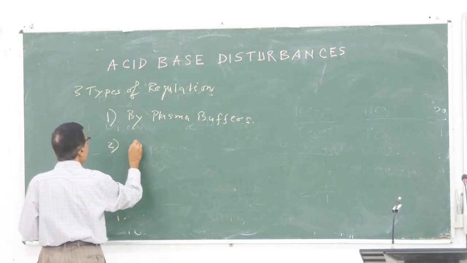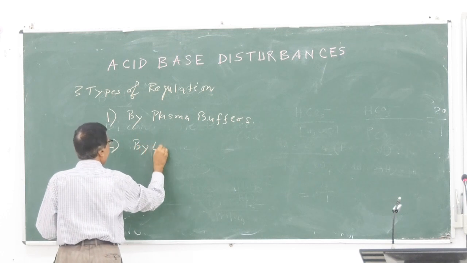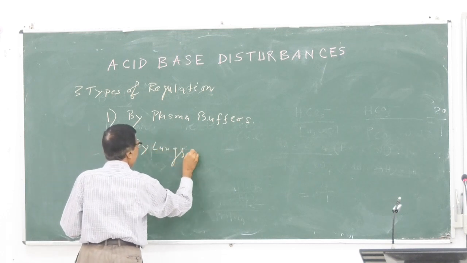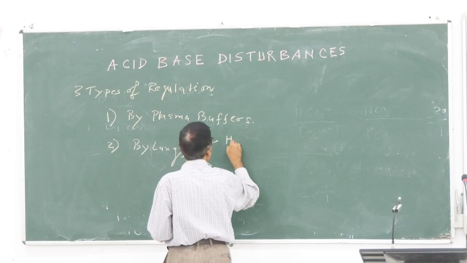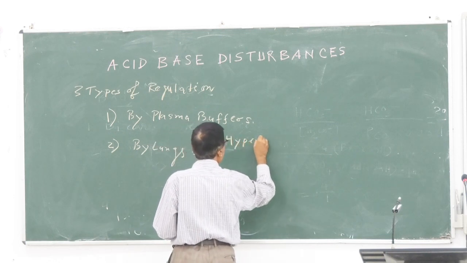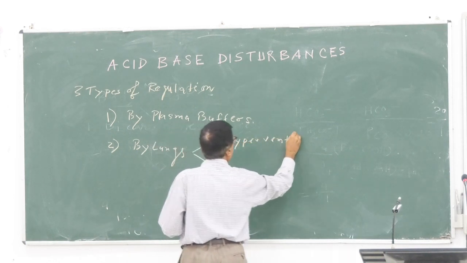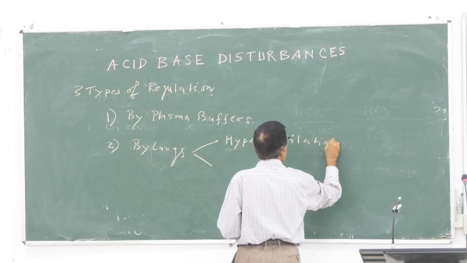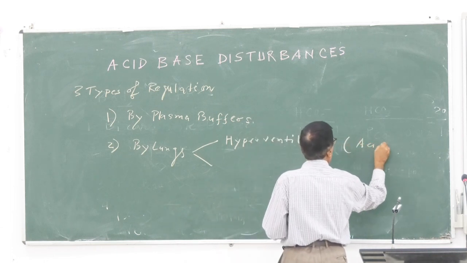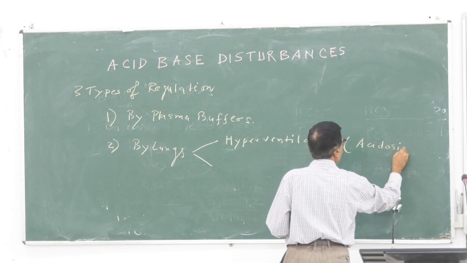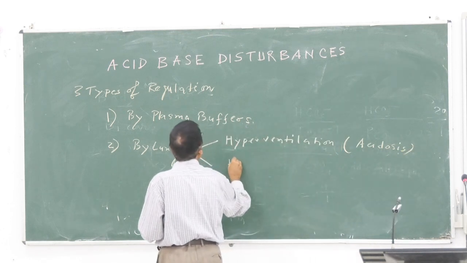The second line of defense is the lungs. By lungs: hyperventilation in acidosis, hypoventilation in alkalosis.